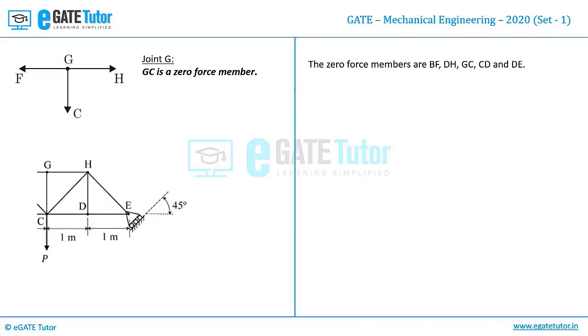This is because there is no horizontal force or horizontal reaction which can induce non-zero forces in CD and DE. Therefore, the zero force members are BF, BH, GC, CD and DE. Therefore, the correct answer to this question is option C.